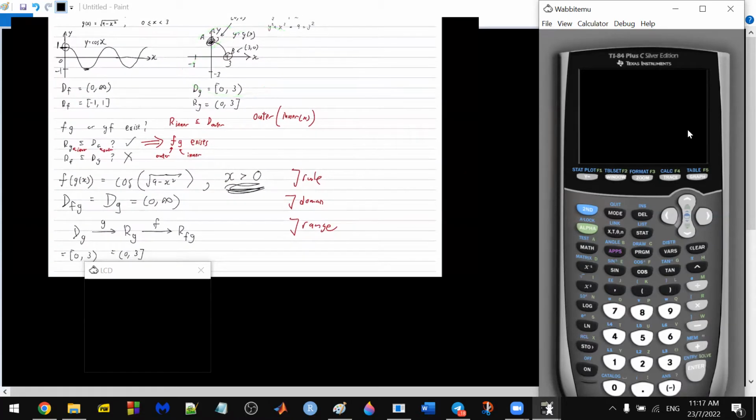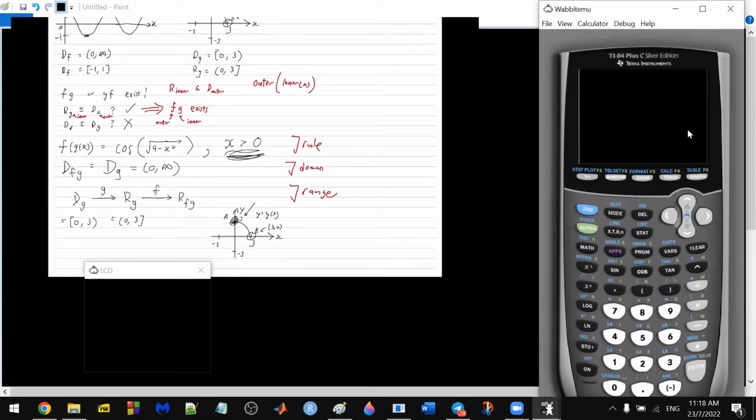Need to calculate. Just look at the graph. Wait, oh my god, I'm lost here. Okay, I copy down the graph of g for you. Over here.